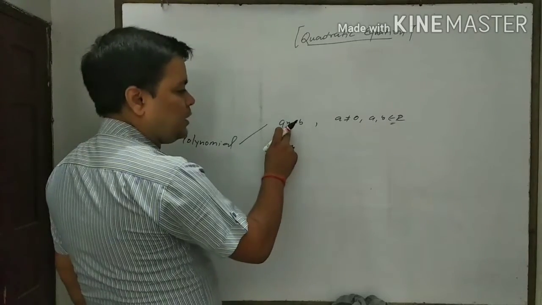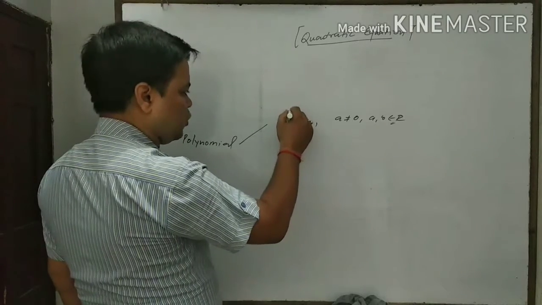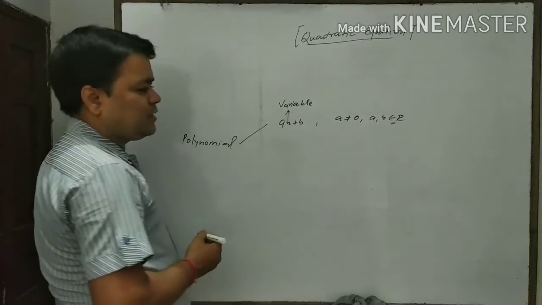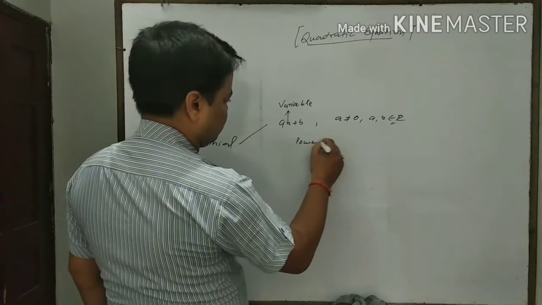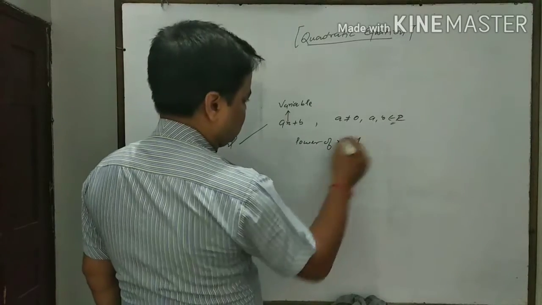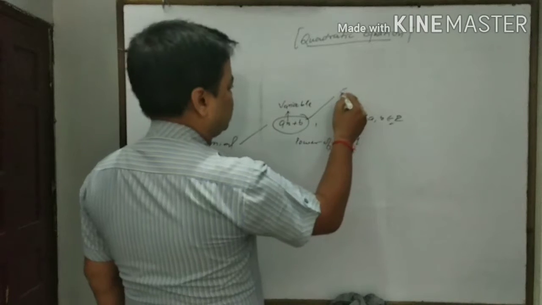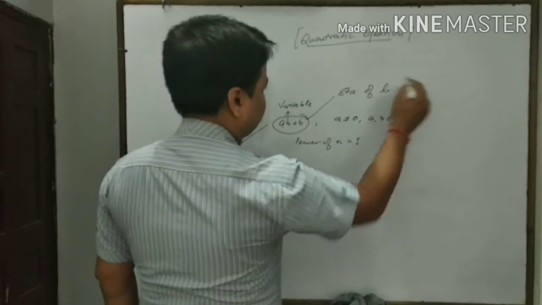Here a is the coefficient of x, where x is the variable. The highest power of x is 1. Therefore it is a linear equation. This is the standard form of the linear equation.